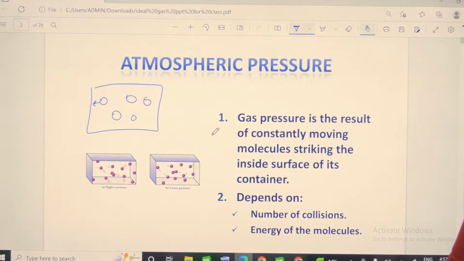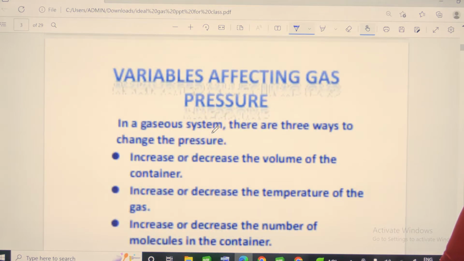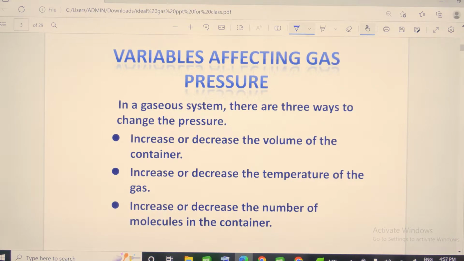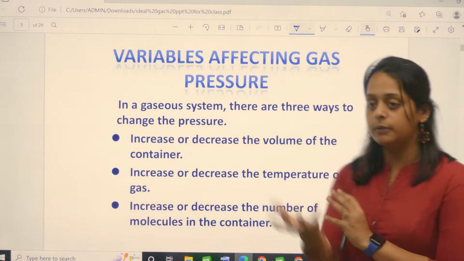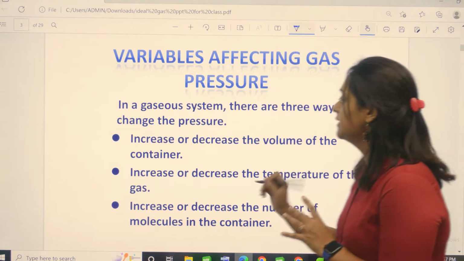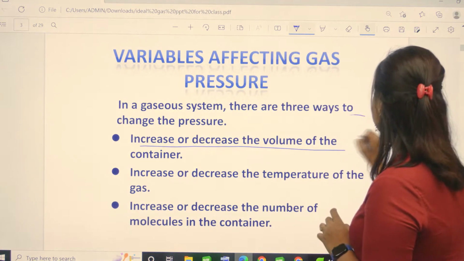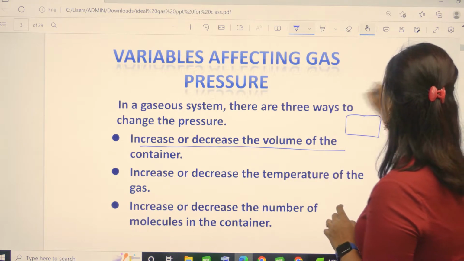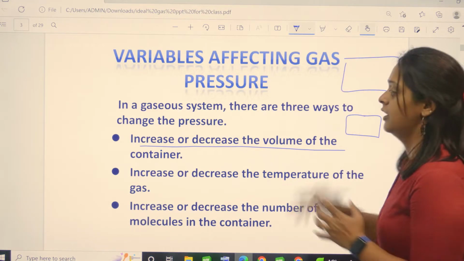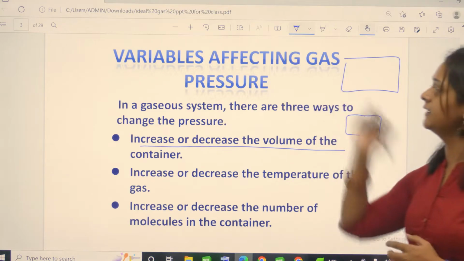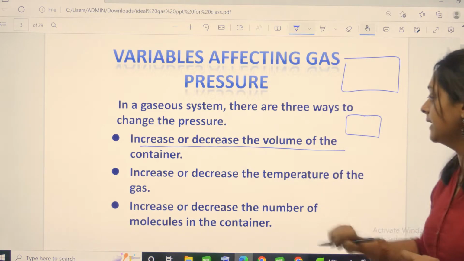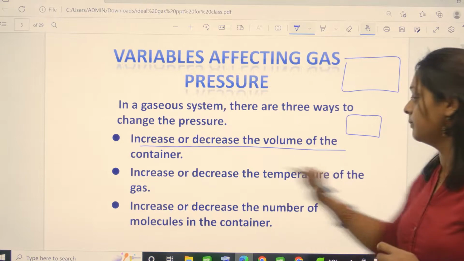So if I proceed further, what are the variables which actually contribute to the gas pressure? First, the increase or decrease of the volume. If I take a smaller container or a bigger container, the volume of the container will affect the gas pressure. Second, increasing or decreasing the temperature of the gas.